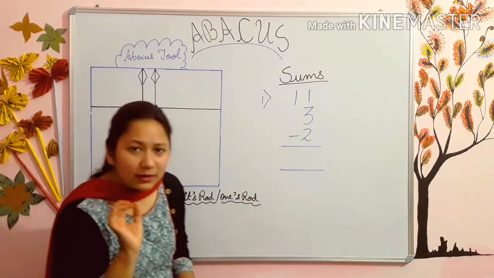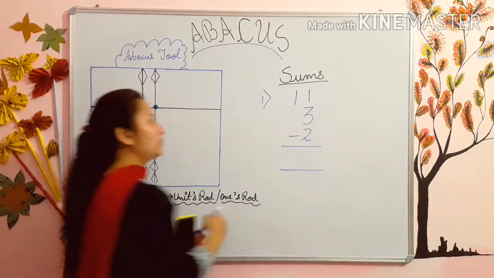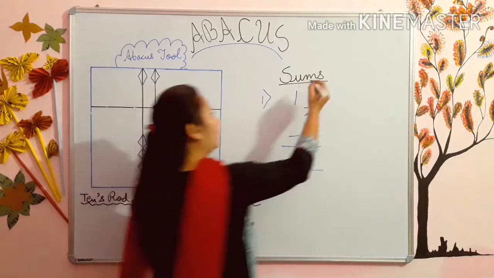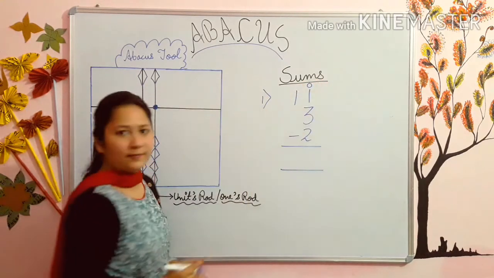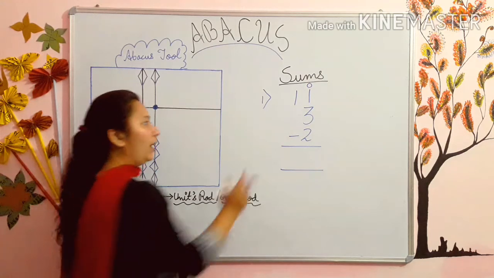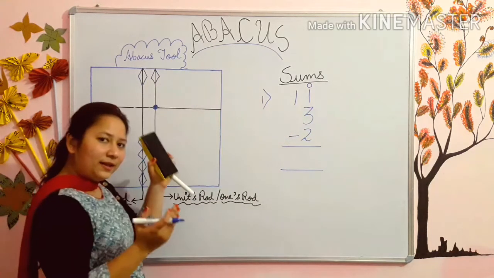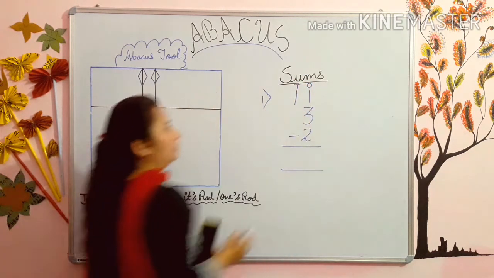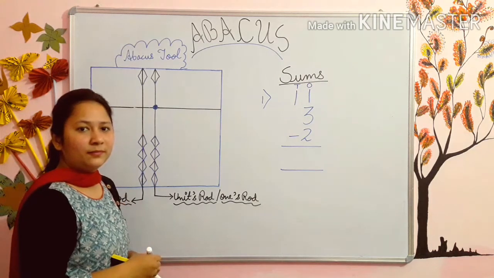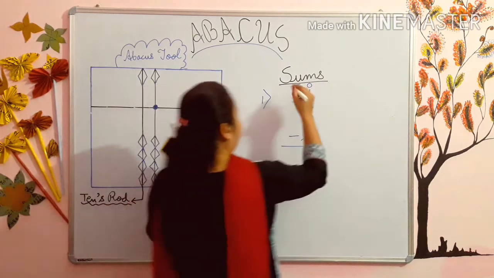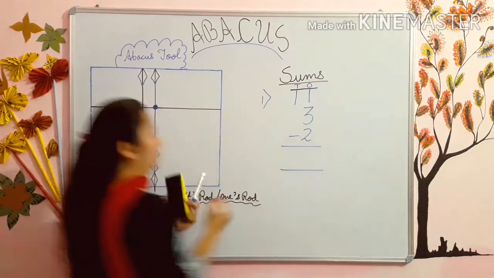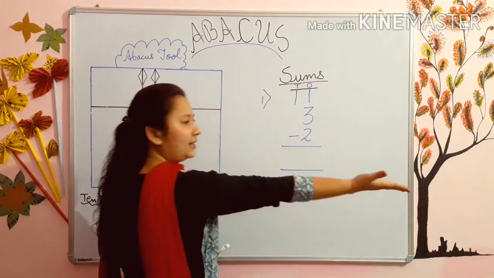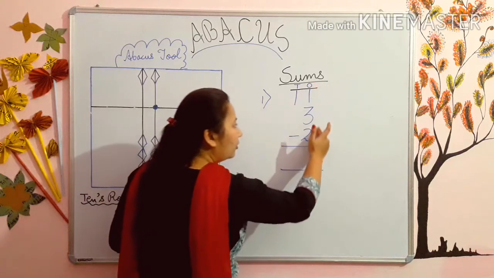Now see kids, the first thing you have to see is that the numbers on the right hand side, जो आपके right hand side की तरफ होते हैं, वो ones rod में जाते हैं.